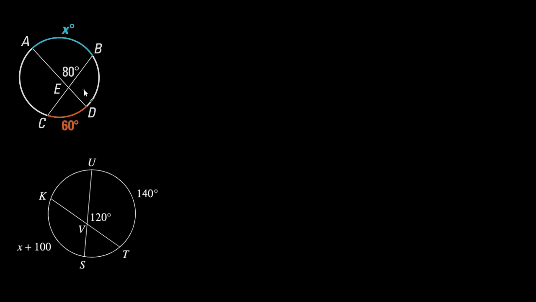Okay, let's try it again. This time, it wants to know the arc, and it gives us the angle. It's not too bad, because if we take 60 and add X, and divide it by 2, we get 80 degrees.